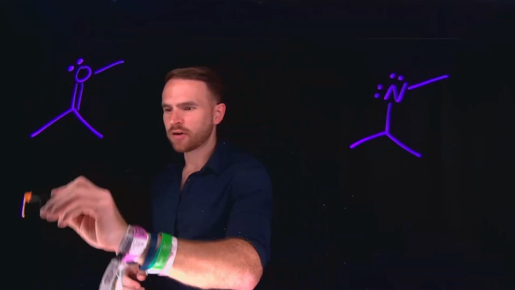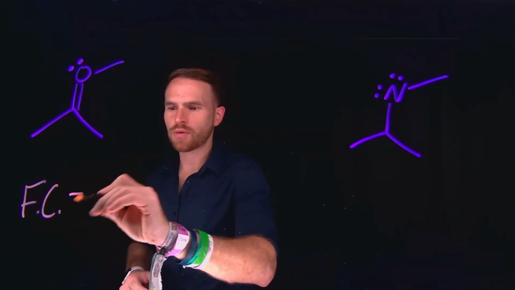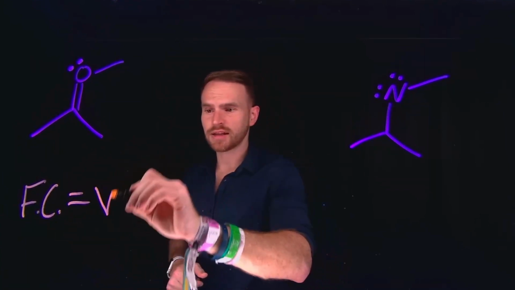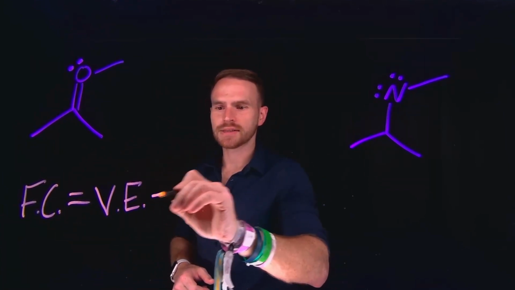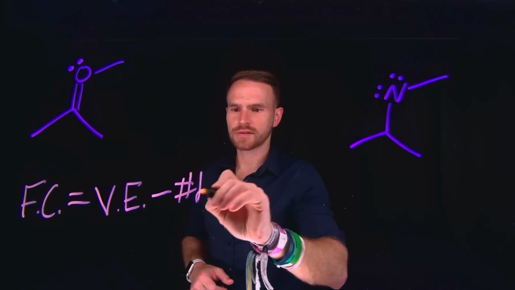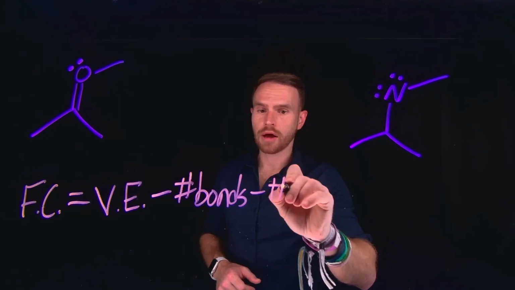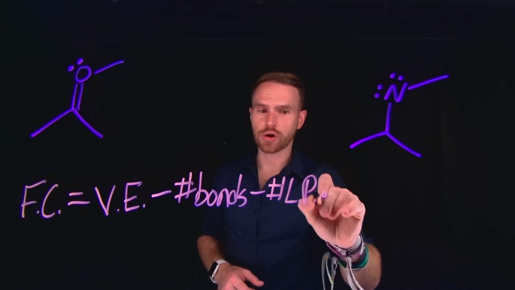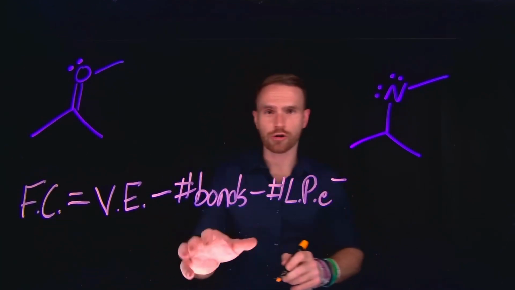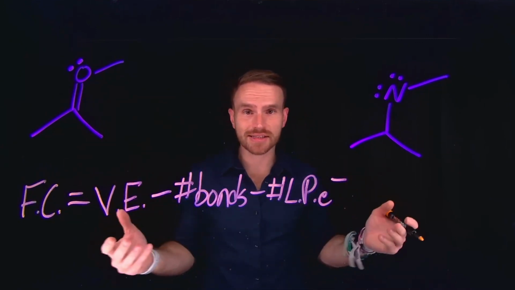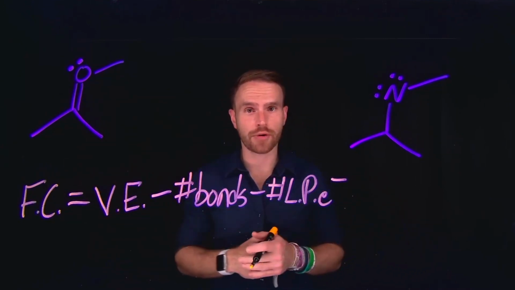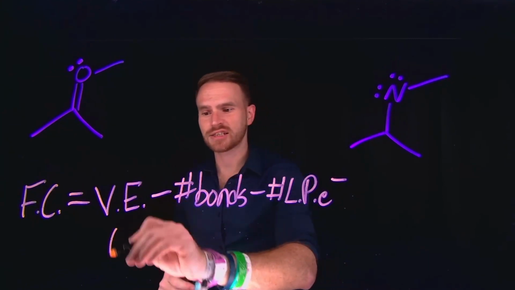The way that we can calculate formal charge can be done by remembering that the number of valence electrons minus the number of bonds surrounding that atom minus the number of lone pair electrons will give us the formal charge. So oxygen is the 6th element on the 2nd row of the periodic table, so therefore it has 6 valence electrons.